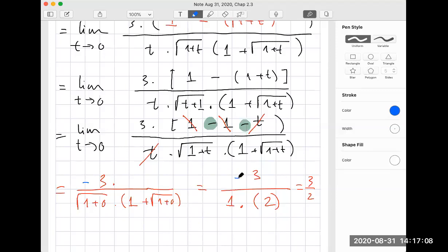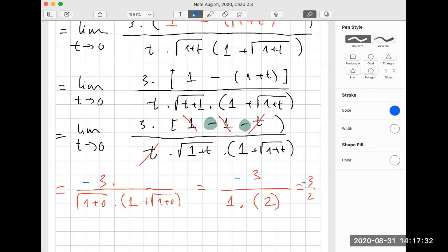And here will be negative. And finally, negative 3/2. So be careful with that. Okay? Is there any question as to here? Very good.